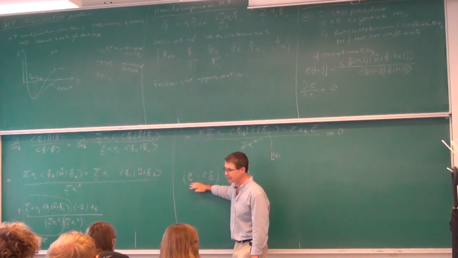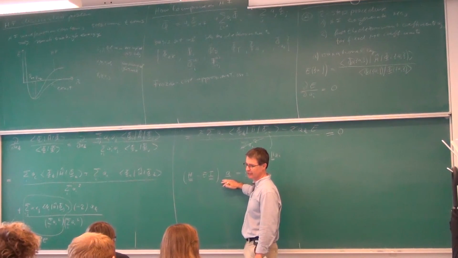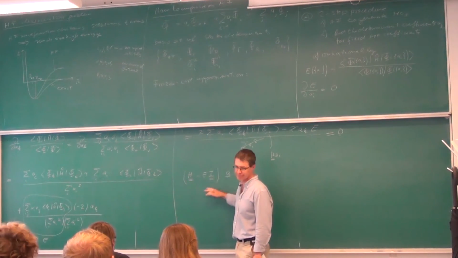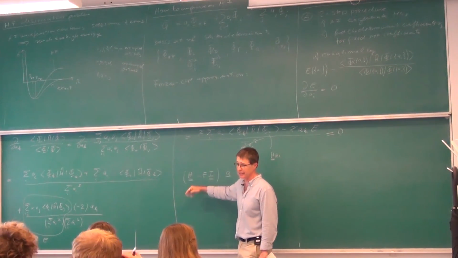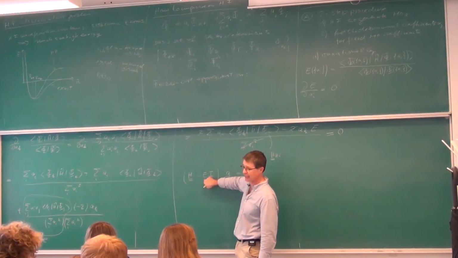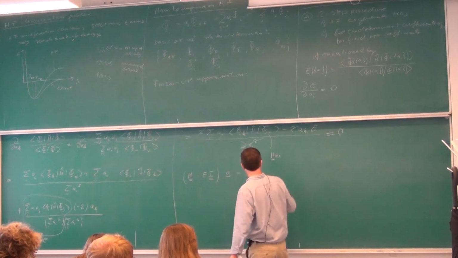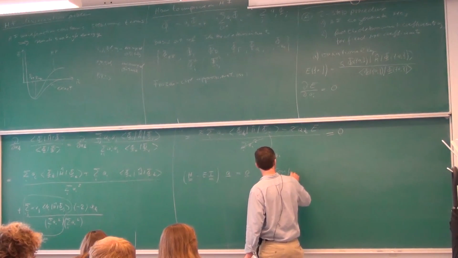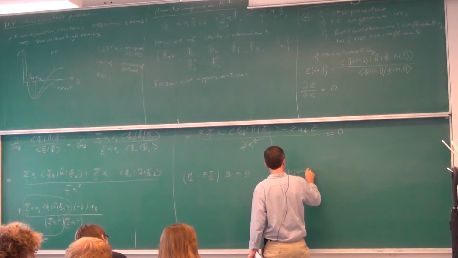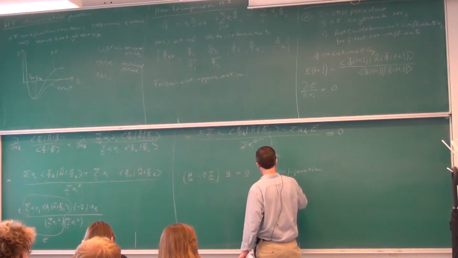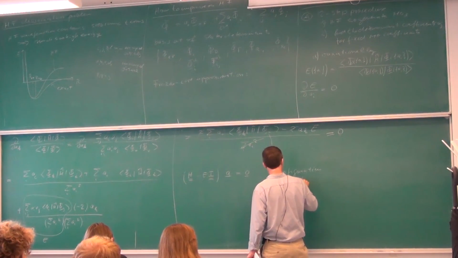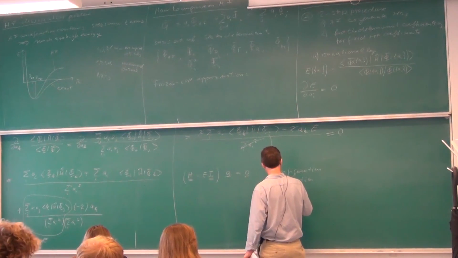So we have that big matrix, we have to find the eigenvectors, which means we have to diagonalize that matrix and find the eigenvalues, which are going to be the energies, and the eigenvectors are going to be the coefficients. And that is sort of what is called configuration interaction, also called CI.